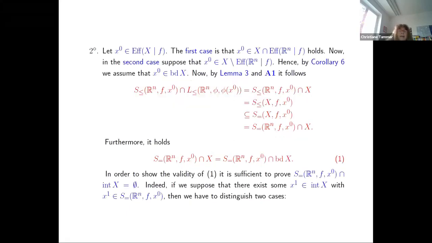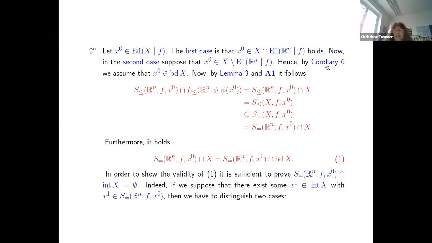In the other direction, we start with an element belonging to the set of Pareto-efficient elements of the constraint problem. We have two cases here. In the first case, we finished our assertion. And in the second case, we consider x0 belonging to this set here.